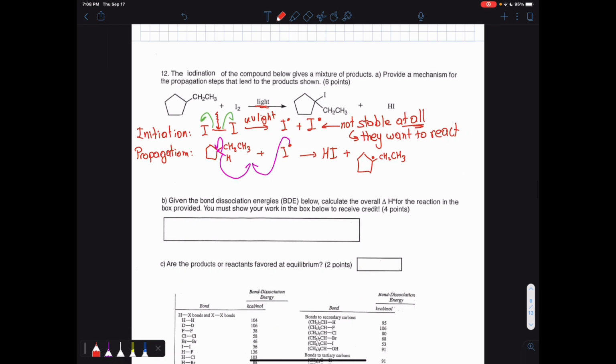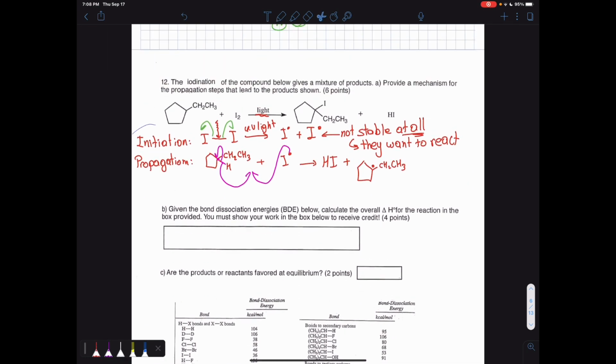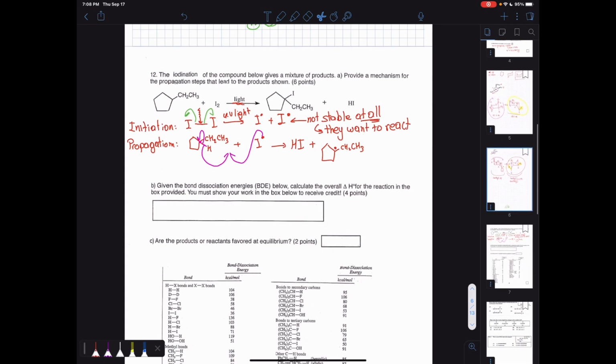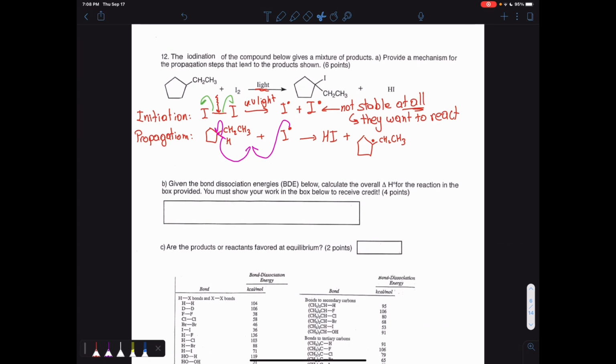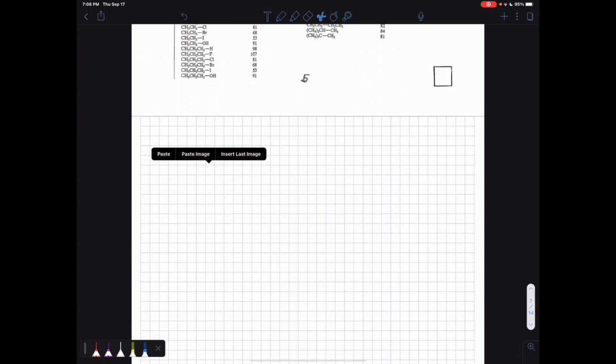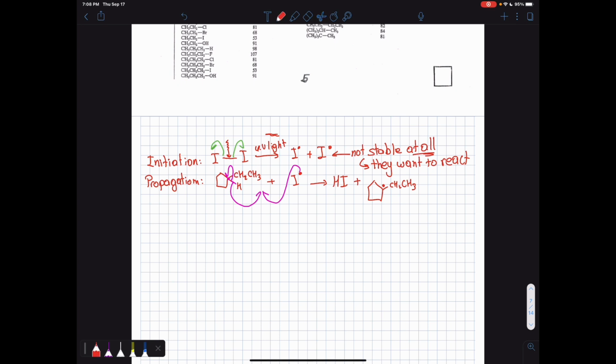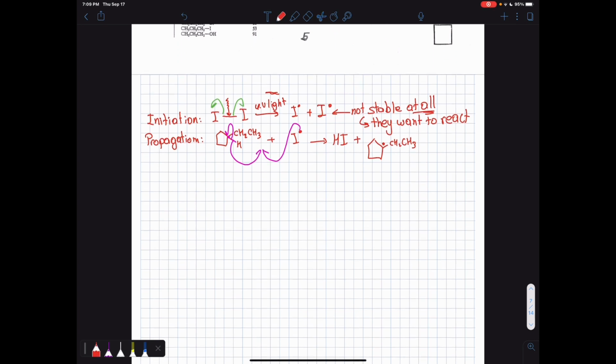Now the second step of the propagation step, I just don't have space, so I'm going to add all of that on a new page. So the next step of the propagation step, what's going to happen is this radical that we had just a second before is not going to react with the other iodine radical.